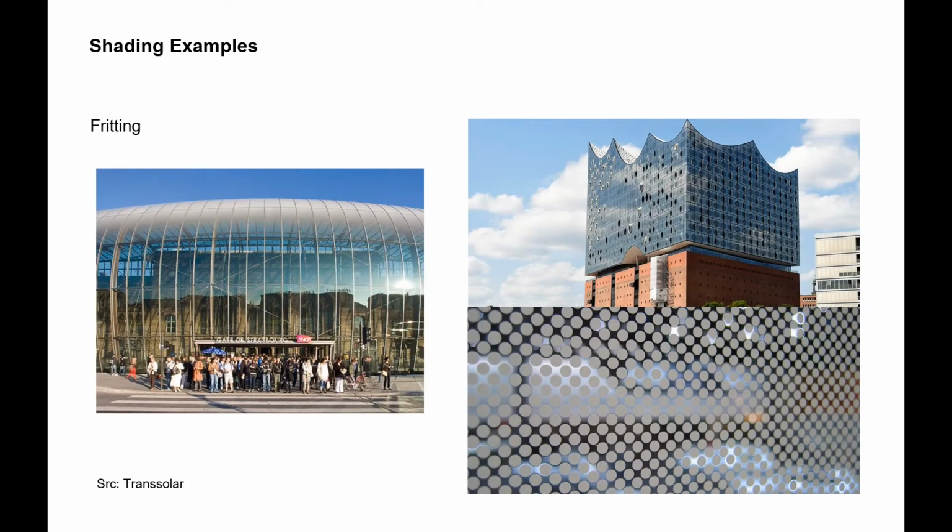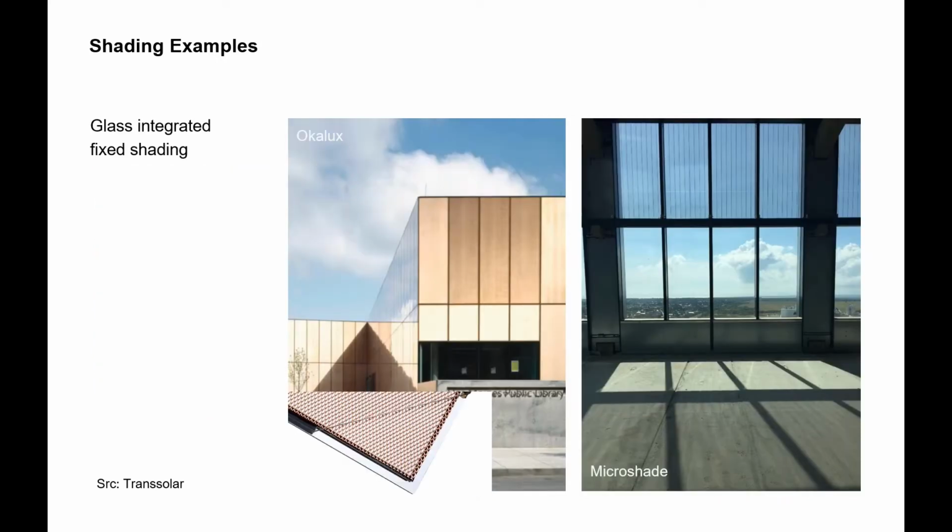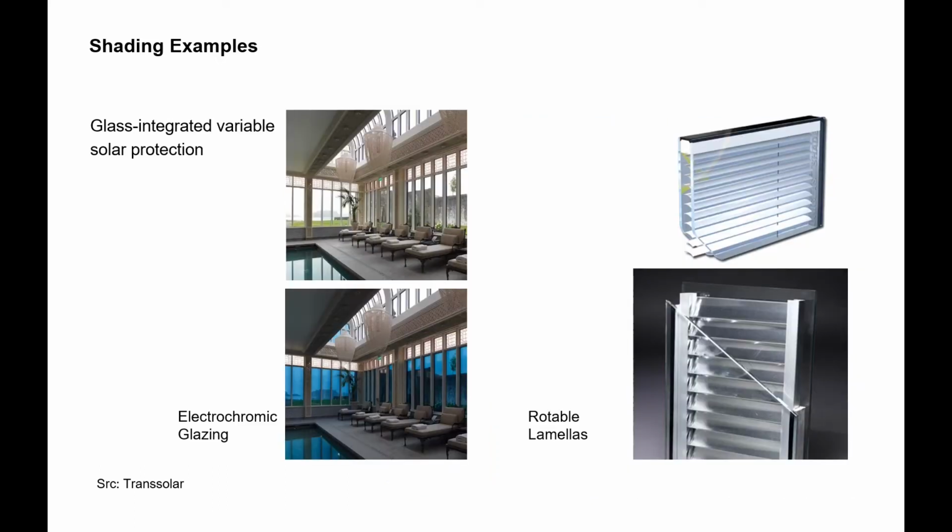There are plenty of different methodologies, for example fritting on a facade, or putting metal elements inside of the glazing units, which could also be an electrochromic glazing.